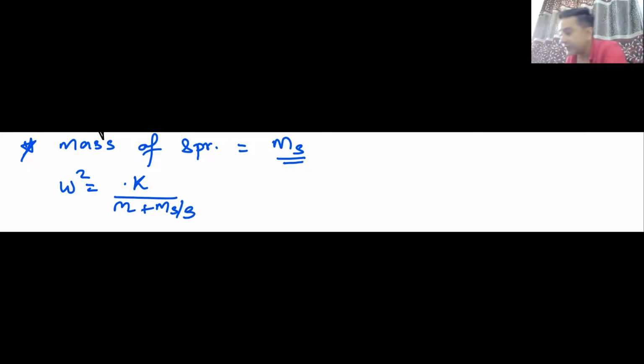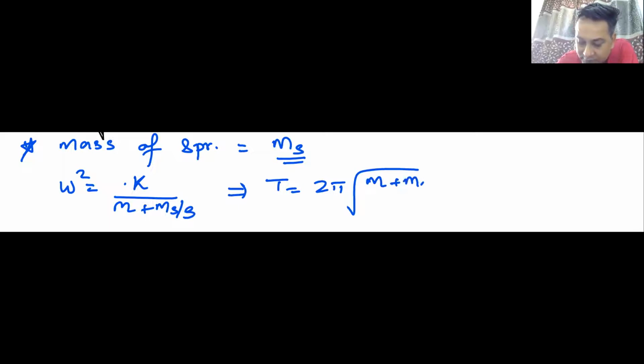This is a very important formula that you must remember. This implies your time period will become 2 pi root over m, which is the mass of the block, plus ms by 3, divided by k. Can you remember this formula for me? I'll give you a minute to note it down. I'm giving you all the formulae. Any one of these formulae can come in the exam.